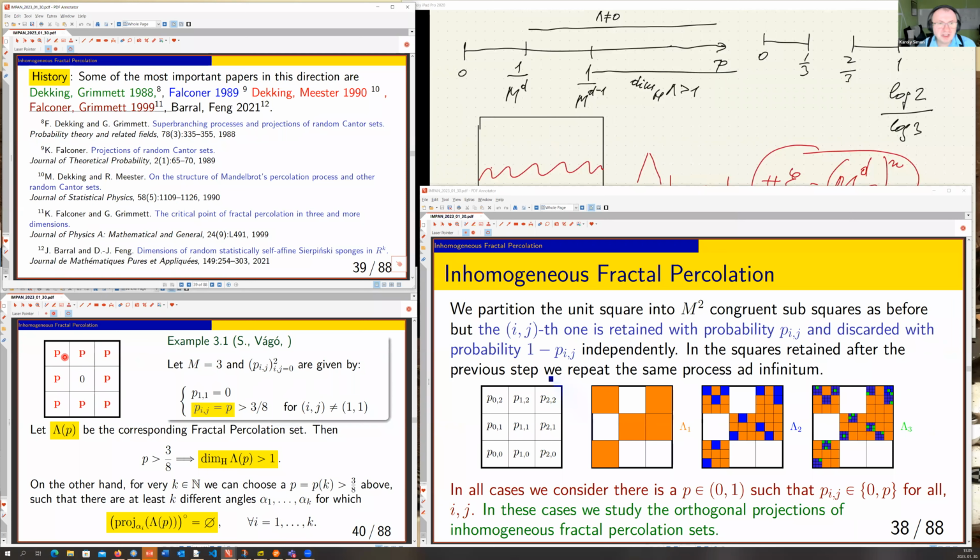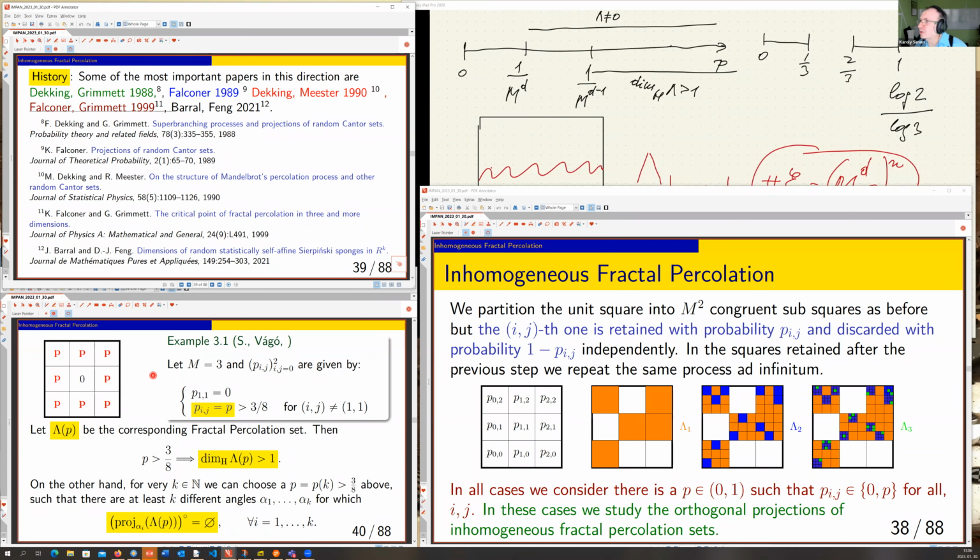So the easiest, or the most well-known situation is when we consider the random Sierpiński carpet. We retain these squares which are not in the center with probability P, but we always throw away the central element.